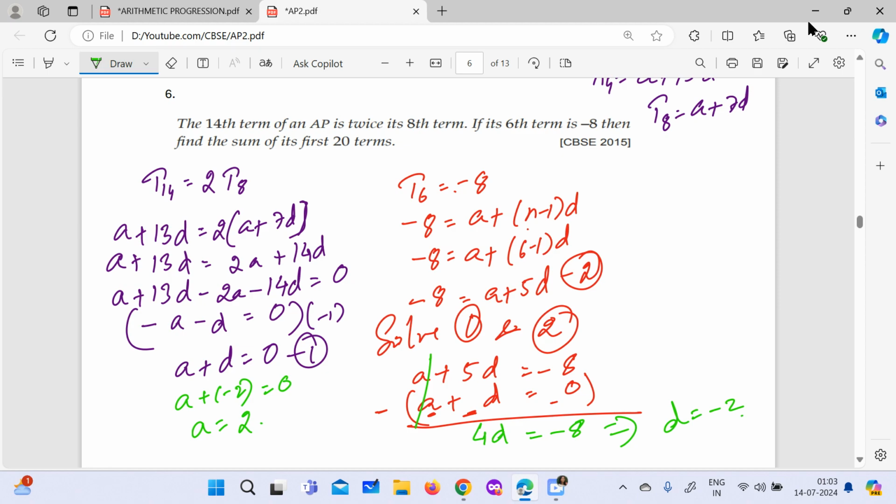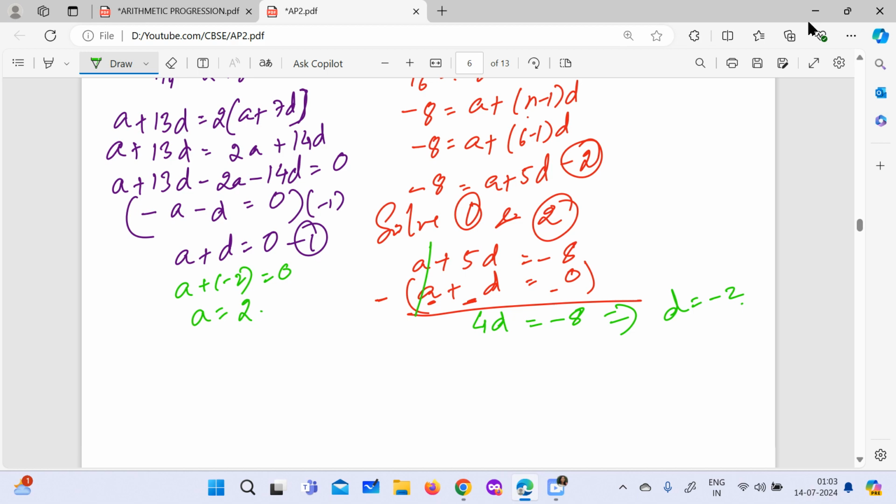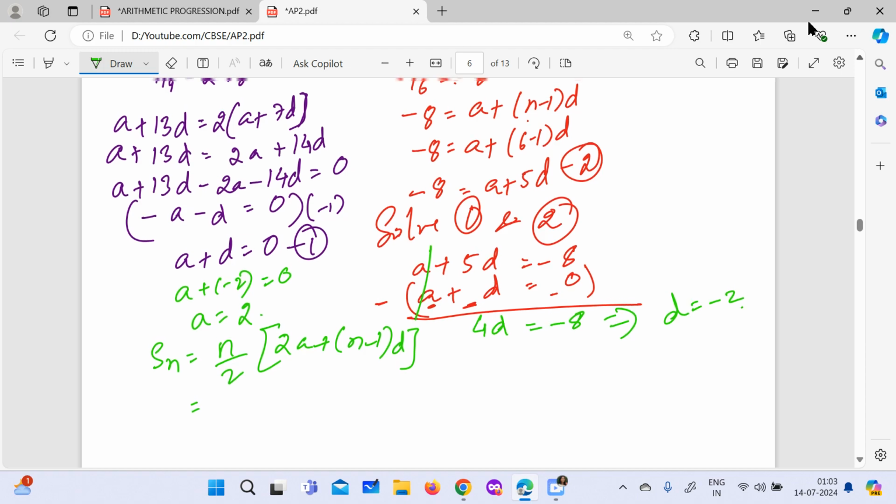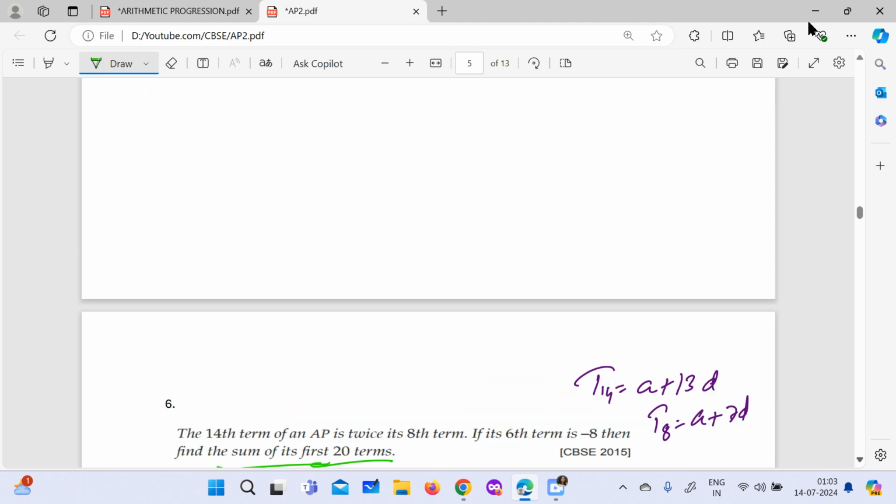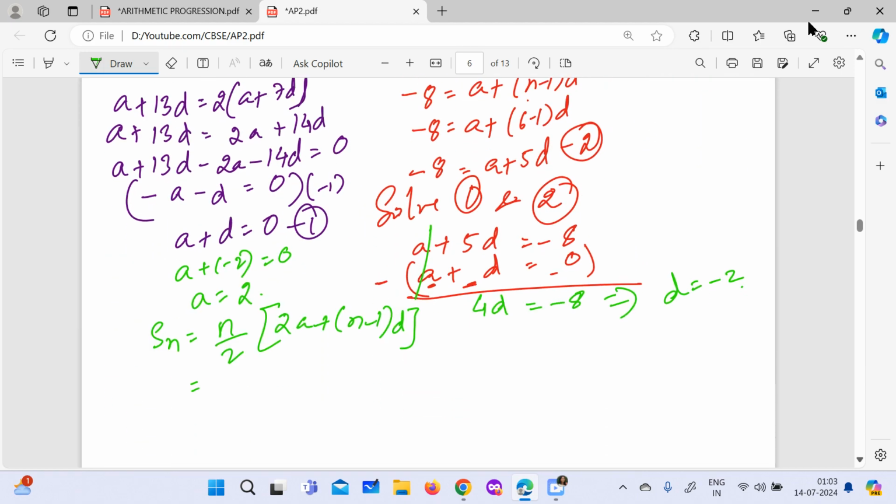Now we can find the sum of first n terms. So this question is to find the sum of first 20 terms. So sum of first n terms, you know, is n over 2 times (2A plus (n minus 1) times D). So this question is for first 20 terms.